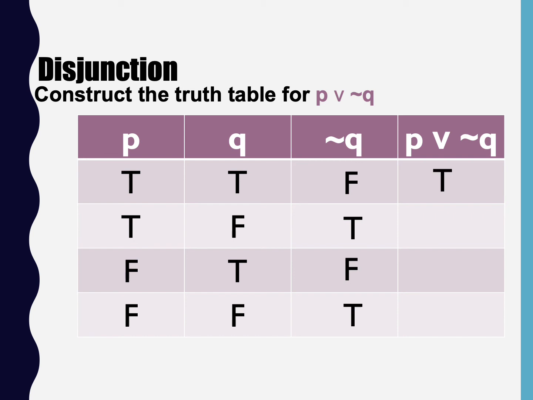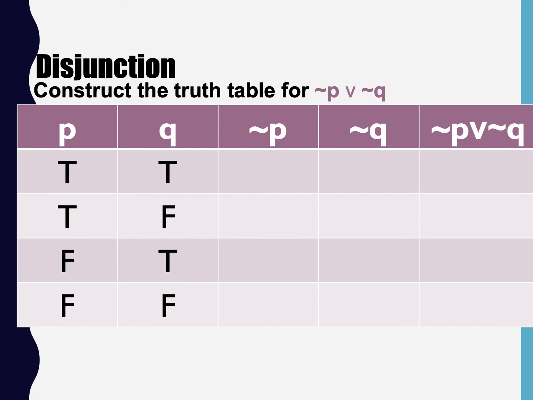Hence, the first row and second row will be true, the third row will be false, and the fourth row will be true. Next, construct the truth table for the disjunction of not P or not Q. Similar to the conjunction truth table, set up first the table for not P and not Q before getting its disjunction.